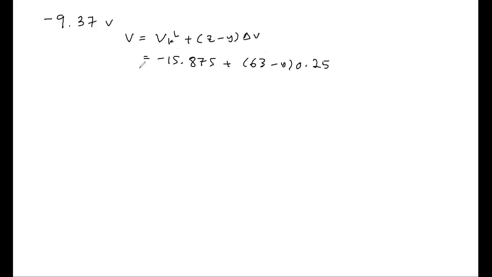Here voltage is minus 9.37, so what is our Y? If you solve this, you should get Y to be 36.8, which is around 37, which is equal to 100101.